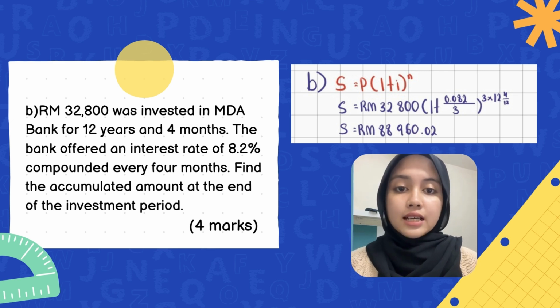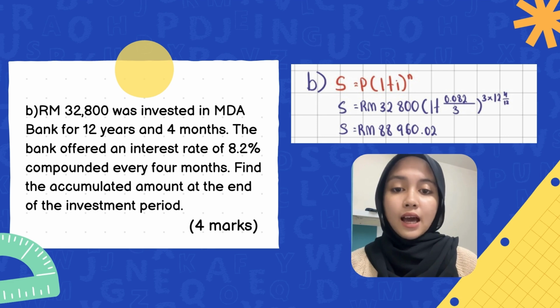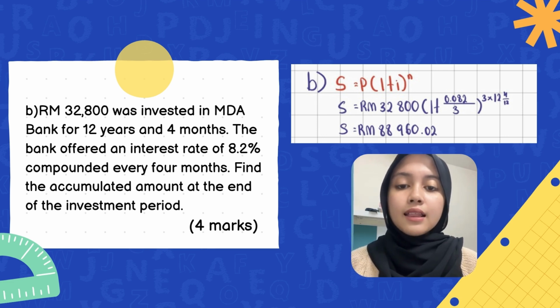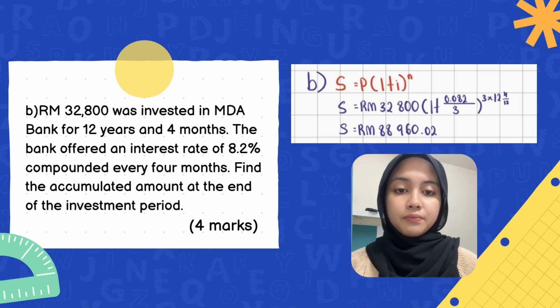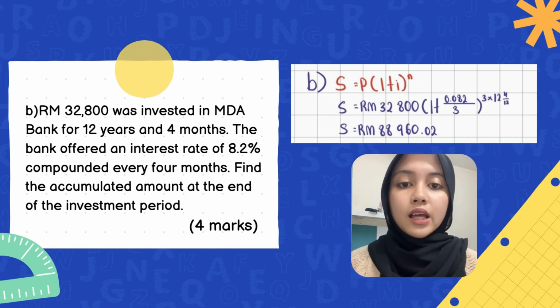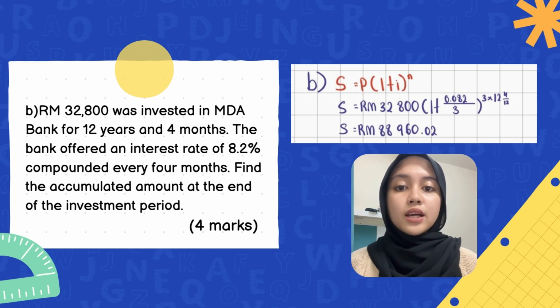We need to find the S because the question said find the accumulated amount. I use the compound interest formula, which is S equals P(1 plus I) to the power N, to find the S. The P is already given in the question, which is 32,800. For the I, the formula is I equals K over M. Our K is already given in the question, which is 8.2. To use the formula, we need to express the interest rate as a decimal.